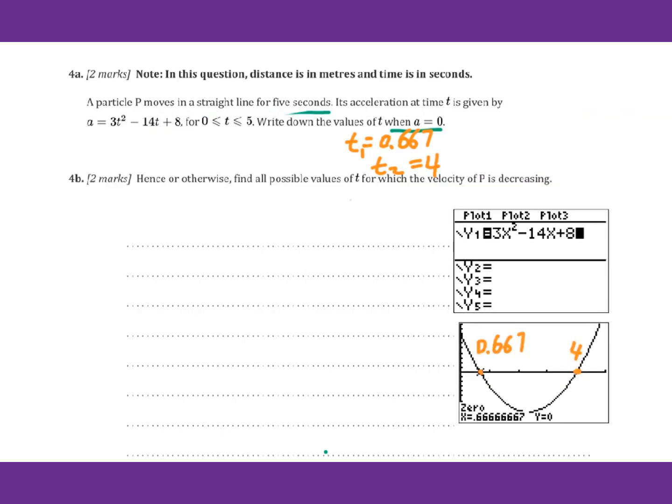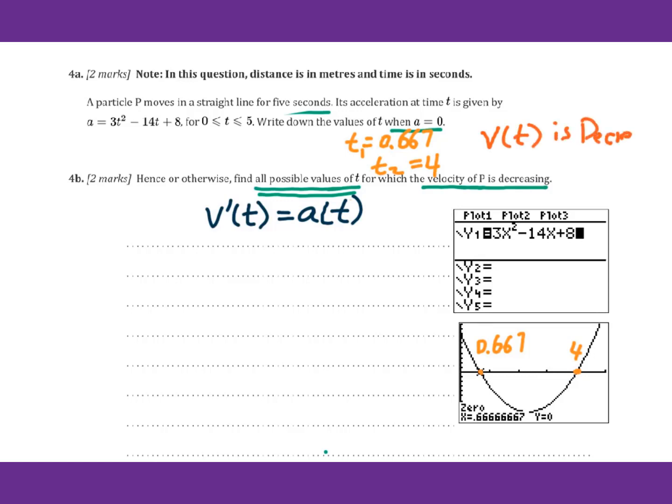For 4b, hence or otherwise, find all possible values of t for which the velocity of P is decreasing. When we see all possible values of t, that's kind of like an inequality. We know the relationship between acceleration and velocity, that's the derivative of velocity equals acceleration. Therefore, if velocity is decreasing, which means the derivative is less than 0.